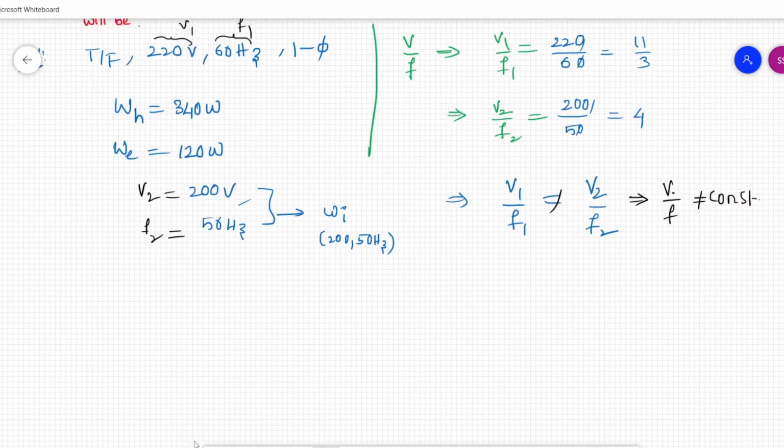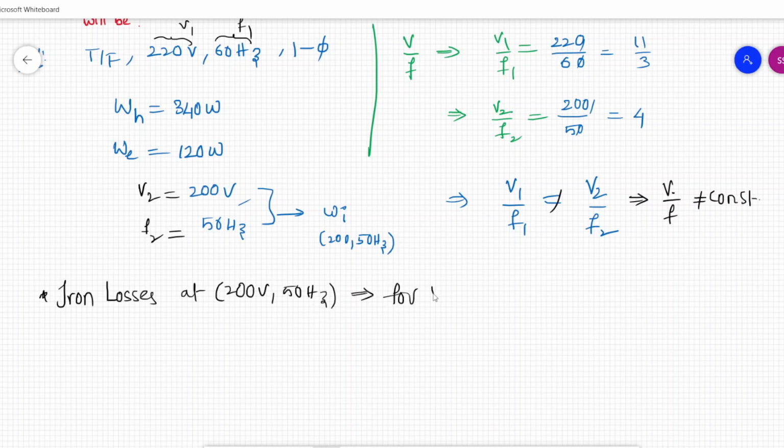Now we are going to find the iron losses at 200 volts, 50 Hz frequency. So for V by F ratio not maintained constant, what is the value of iron loss? Iron loss is hysteresis loss plus eddy current loss.